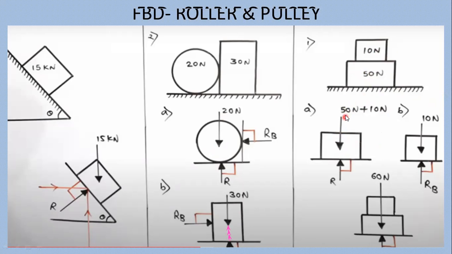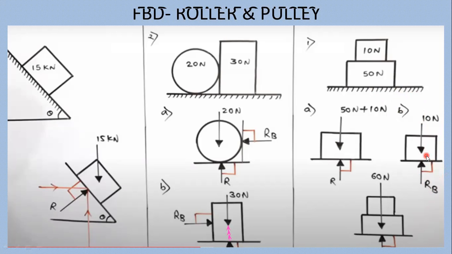So we have shown these two forces acting downward, 50 plus 10, that is 60, and reaction R, which is acting in the upward direction. Now next is the 10 Newton object. For the 10 Newton object, the 10 Newton force is acting downward and the reaction RB exerted by the 50 Newton object is acting in the upward direction.